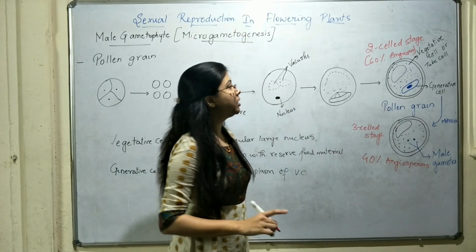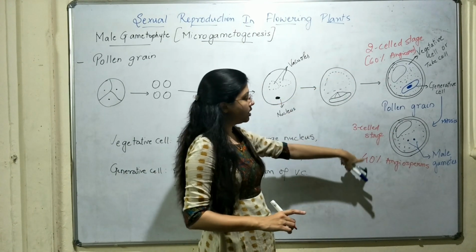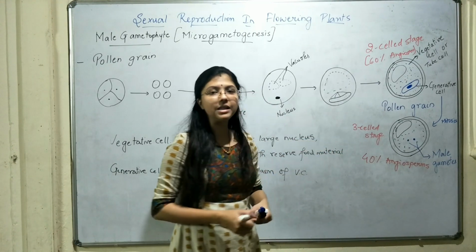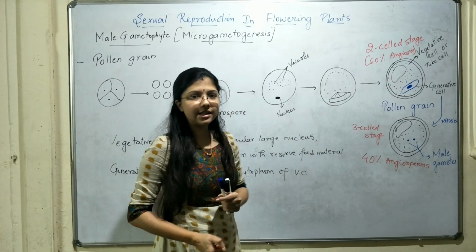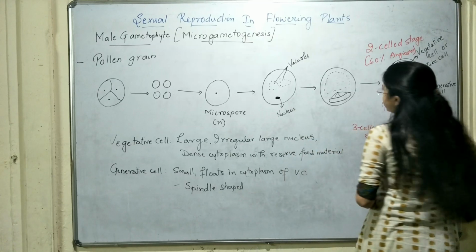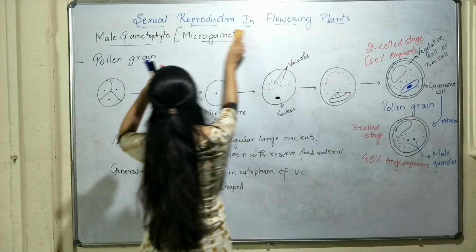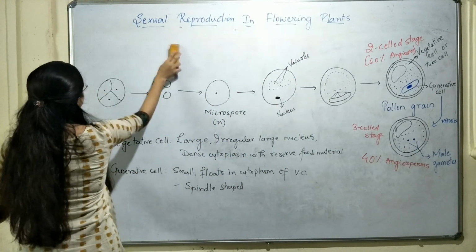Remember, 60% will release at the two-cell stage and 40% of angiosperms will release it at the three-cell stage. Let us now see the structure of the pollen grain.